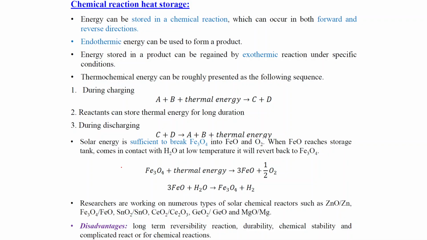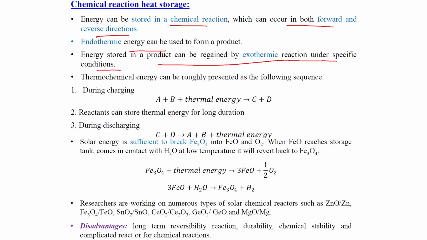Now coming on to the last type of heat storage mechanism, that is the chemical reaction. Heat can be stored in chemical reactions as well. Energy can be stored in a chemical reaction which can occur in both forward and reverse direction. As you might have heard, there are two types of reactions based on thermal behavior, the endothermic reaction and the exothermic reaction. An endothermic reaction can be used to form a product, and the energy stored in the product can be regained by an exothermic reaction under specific conditions.